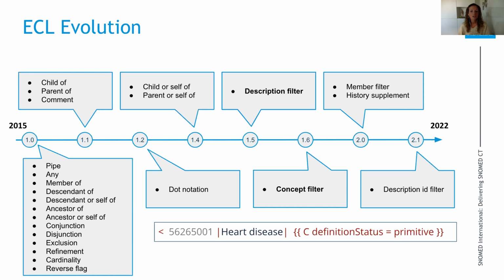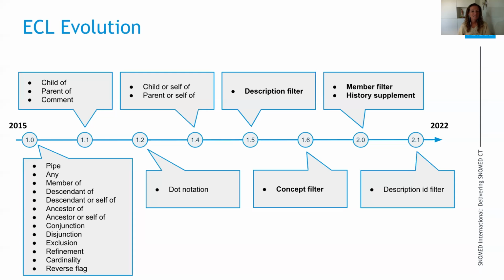Then in early 2022, so earlier this year, version 2.0 was published. This version includes a number of significant features, including reference set member filters and the support for returning multiple fields of a reference set. It also includes history supplements to supplement the result with relevant inactive concepts.